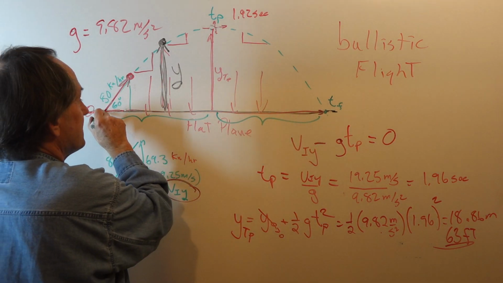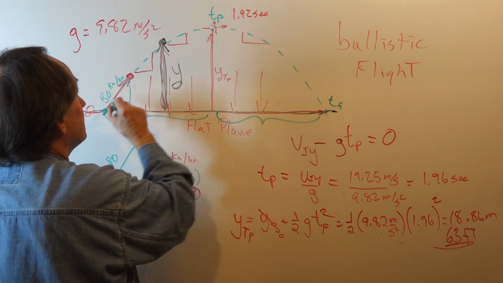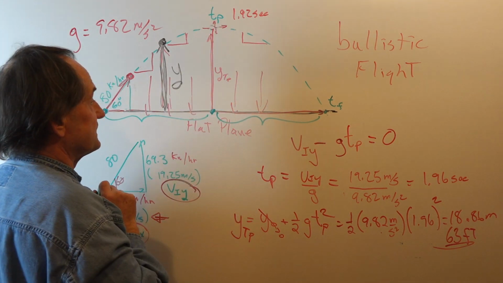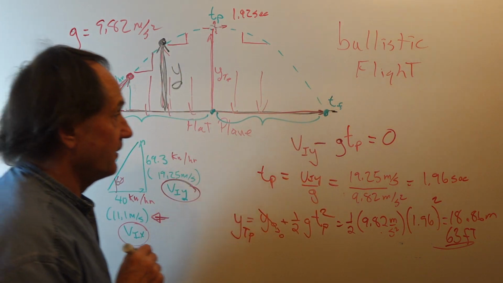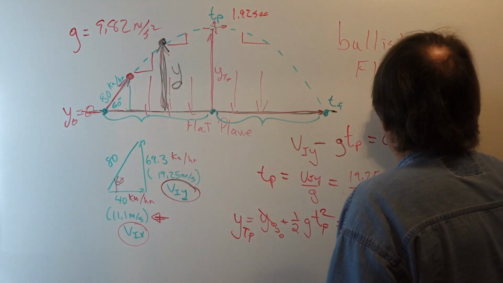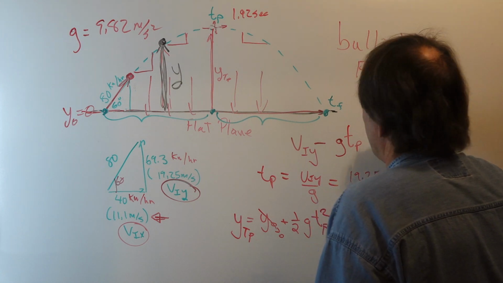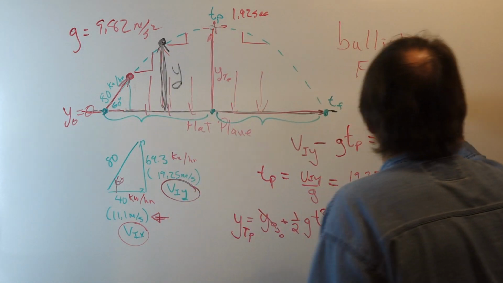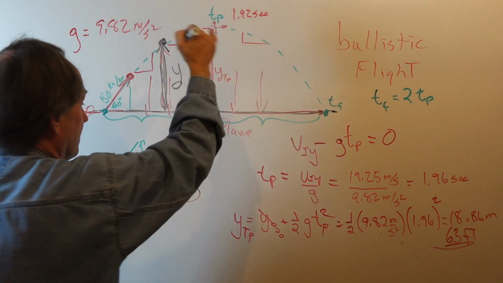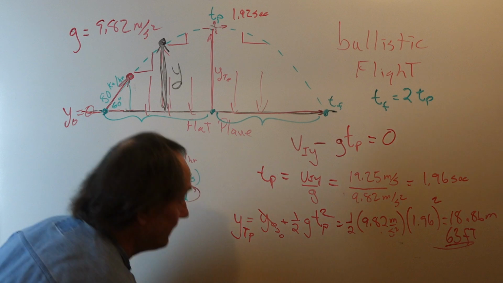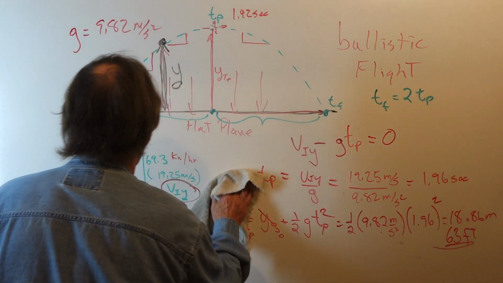So if it takes time tp, time to the peak, to get to the center, then it's twice that to get to where it hits the Earth. So the time final, the flight time of the object, is just twice the time it takes to get to the peak. Right? Let's put in our numbers.